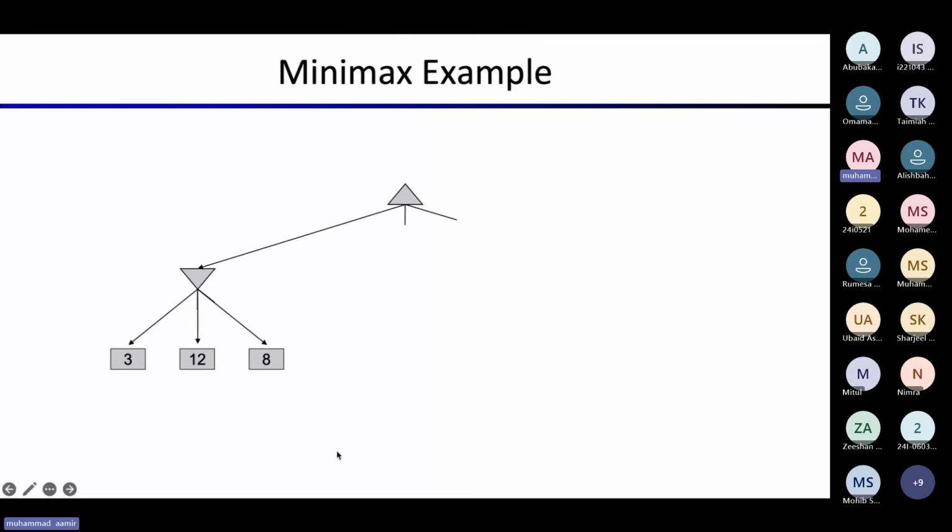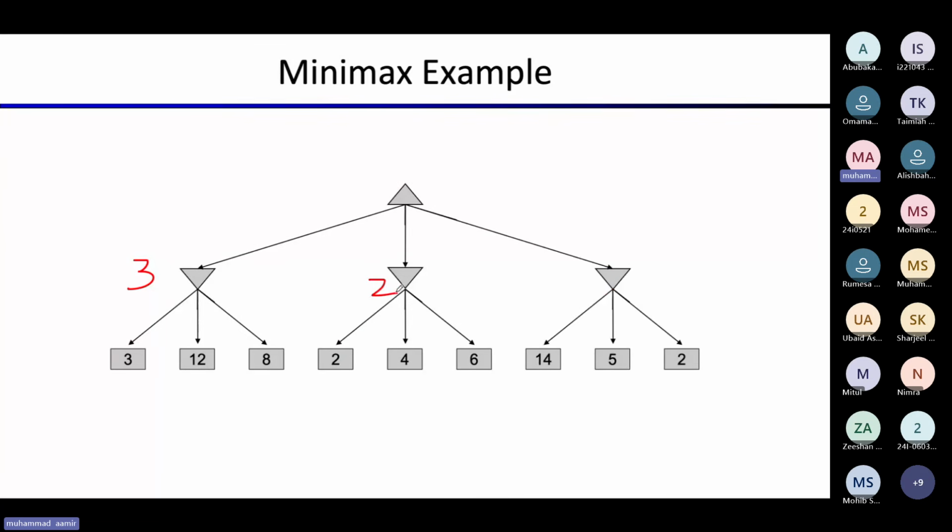This is the min move. What value will you select out of this? Because this is the min move, you will get the 3 value, the minimum of all these. Then this is again a min move: 2, 4, 6. You will get the minimum value, 2. Now this is the max. Max will select the maximum value out of 3 and 2, and you will get the 3 value.